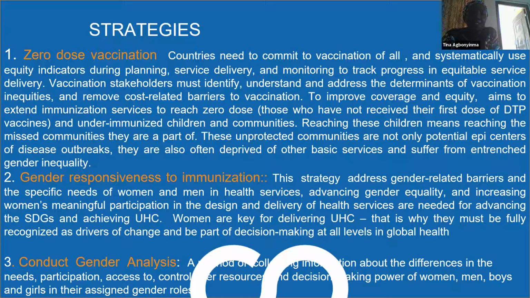These unprotected communities are not only potential epicenters of disease outbreaks, they are also often deprived of other basic services and suffer from entrenched gender inequality. So reaching zero-dose is one of the strategies we are going to use so that we can resolve the issue of low coverage.